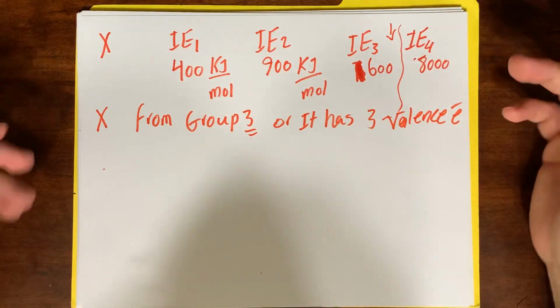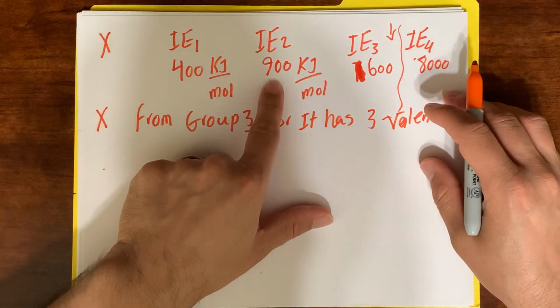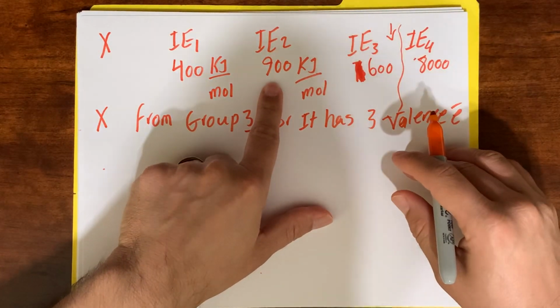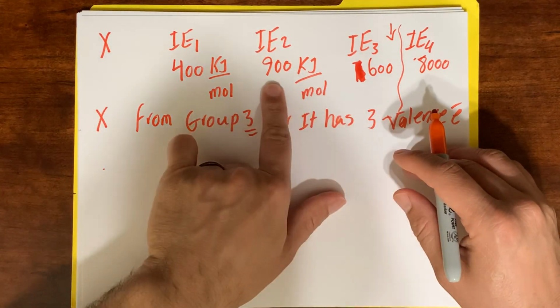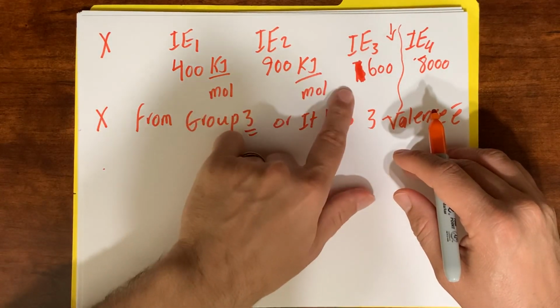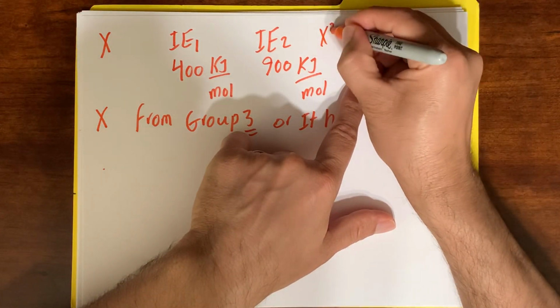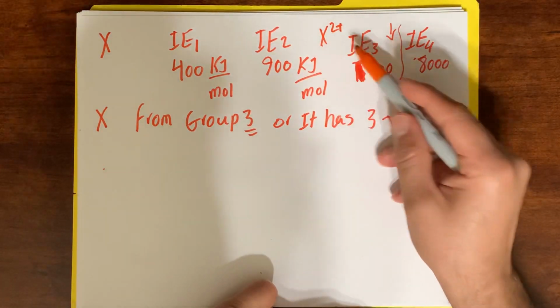How do I know I have a 3? I see here 400. I see it increases, which is logical because we are taking an electron from a positive species. The third one is going to be bigger than the second and way bigger than the first one because you're taking an electron from a species that now is a +2, and that one is going to fight with you.